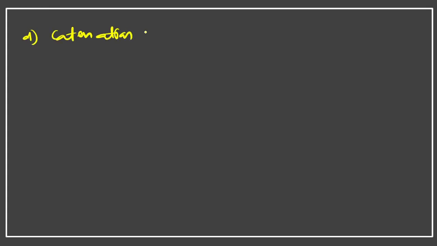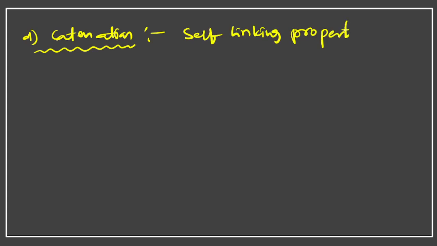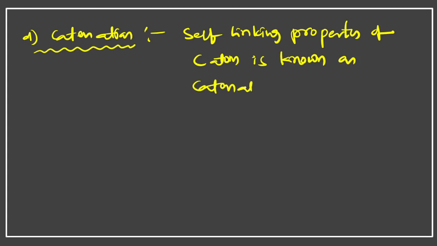What is meant by catenation? The self-linking property of carbon atom is known as catenation.